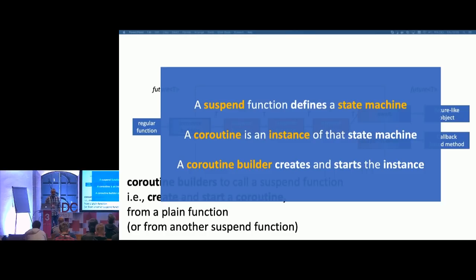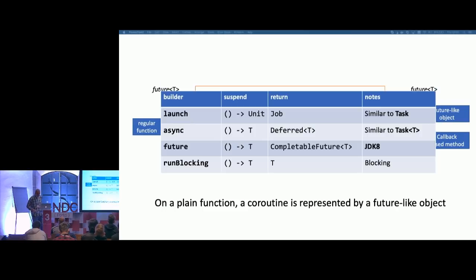And I can have thousands of them, but they are state machines that are spinning after I start them. They are waiting for things to happen without blocking threads, but they are state machines. A coroutine builder is a way to instantiate and start a coroutine instance.